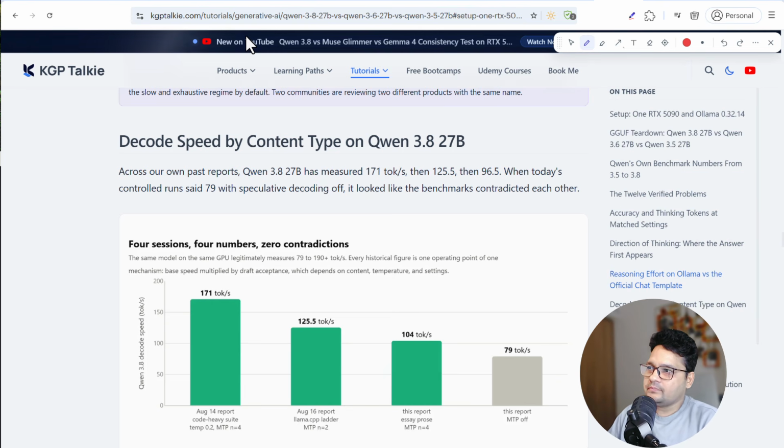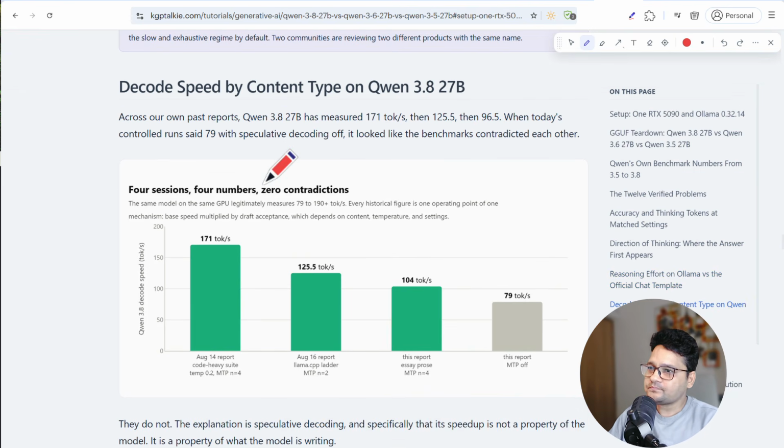If you have been following my previous videos, you might have noticed that I reported 171 tokens per second on the August 14 report, then 125 tokens per second on August 16, and then 104 tokens per second, which is going to be the base speed.